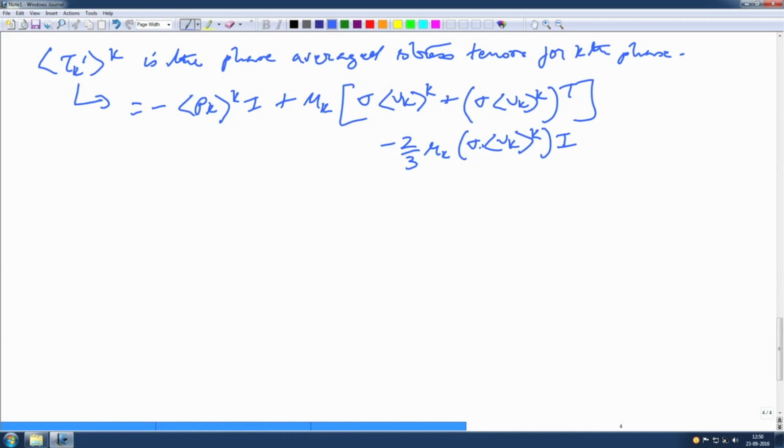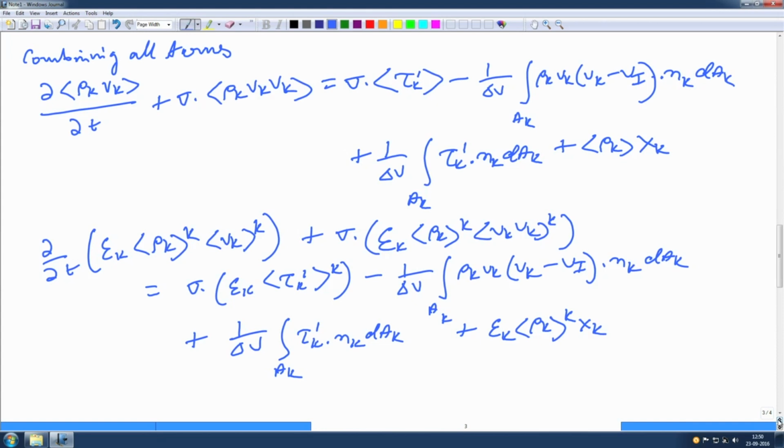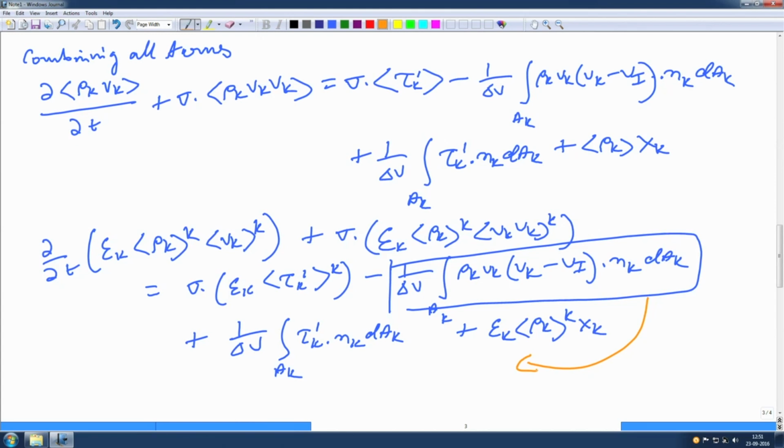Now also if you go back to the previous one, let us put a couple of thoughts on a few terms. For example, this particular term over here, what does this designate? This designates some kind of a momentum exchange. Now this particular term, what does this designate?